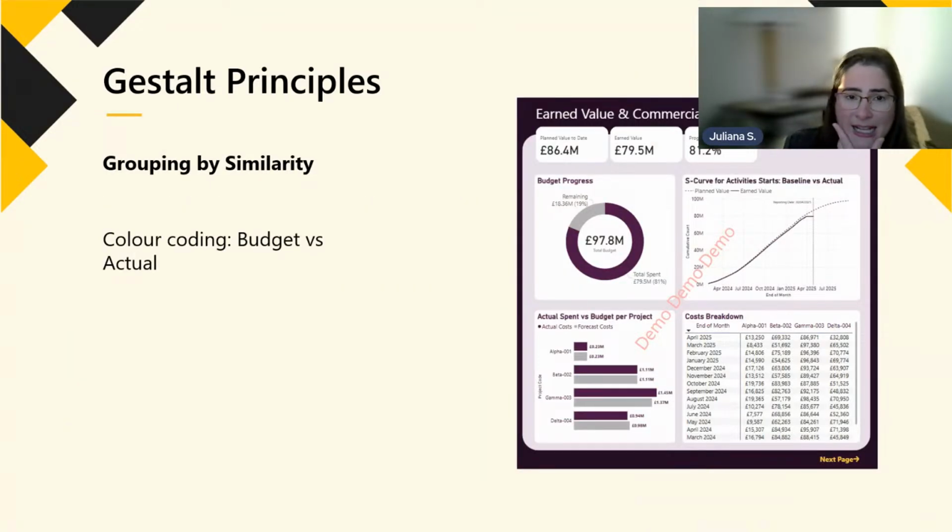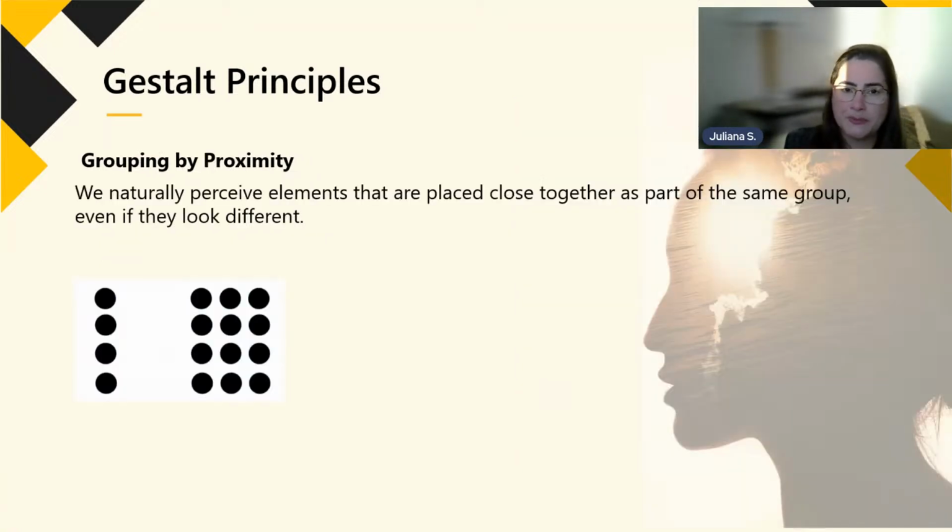And here is another example where I group by my color coding. Across all my visuals, I'm using the same color to indicate baseline or forecast and actual. So you naturally know what's happening because I'm using this consistent color. Next, we have grouping by proximity.